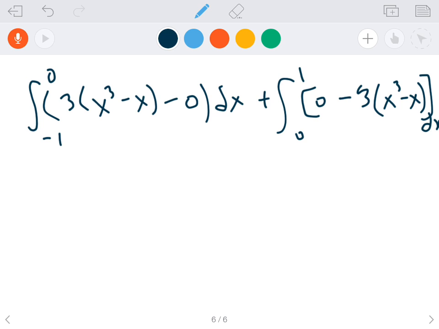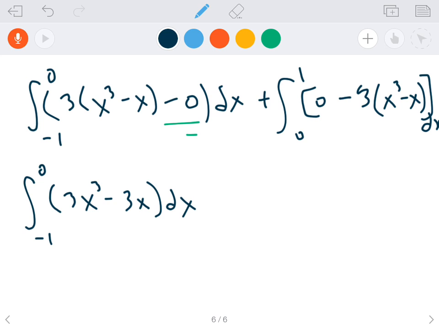I can simplify these integrals. That 0 was there just for show. I can get rid of that before I integrate. We'll go ahead and distribute the 3. So I have 3x cubed minus 3x dx. And then plus the integral from 0 to 1 of negative 3x cubed plus 3x dx.